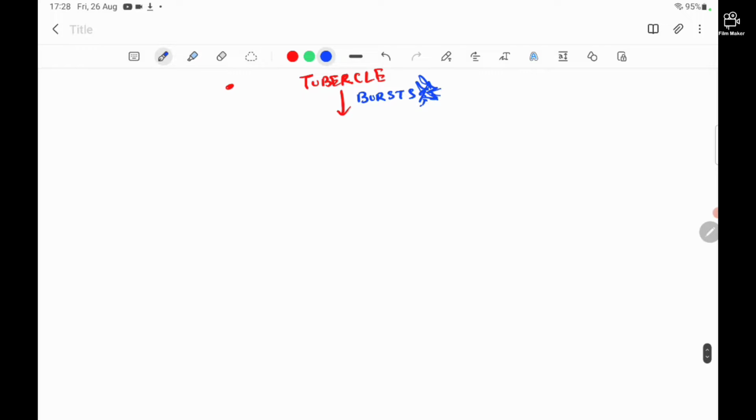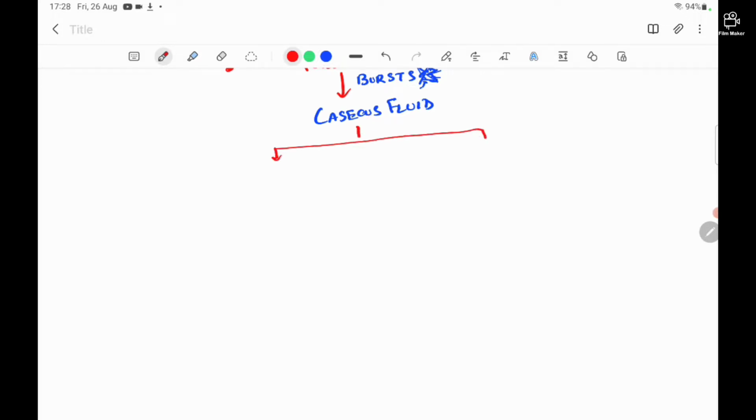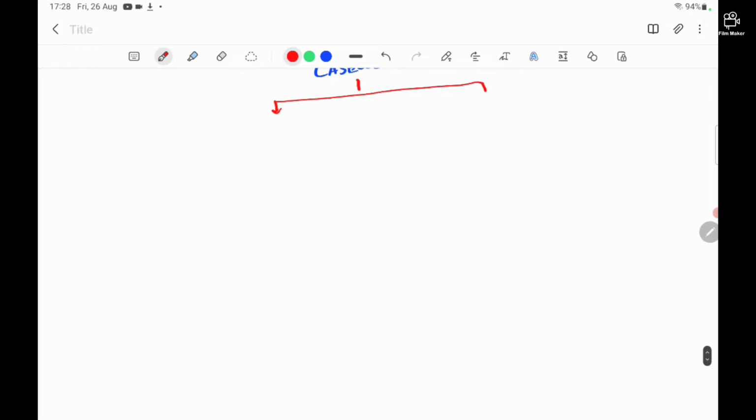So when it bursts, two incidences might happen. You have here the caseous fluid. The caseous fluid might fall inside the lumen or outside the lumen.